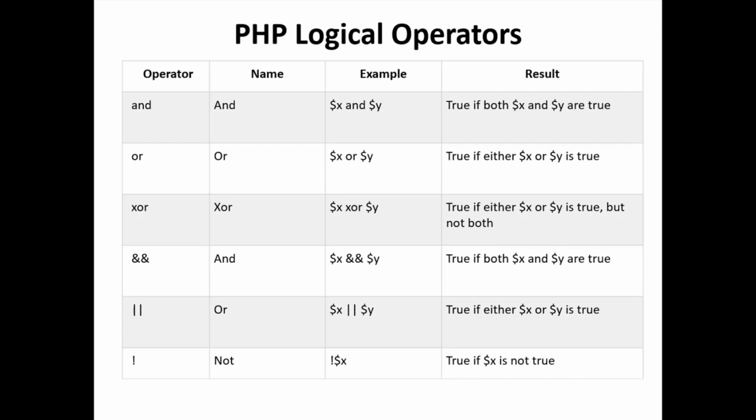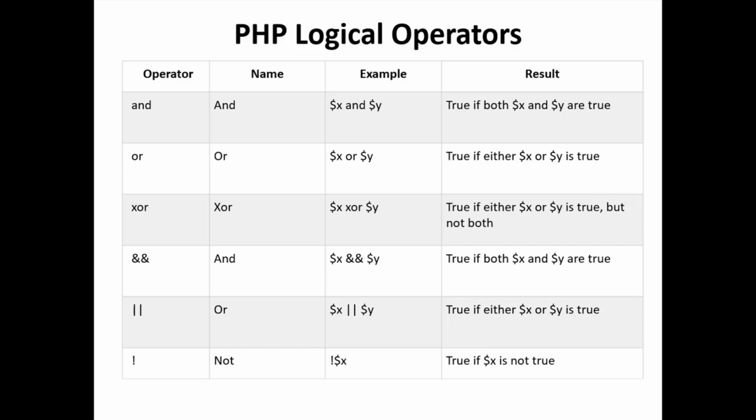Then coming on to the PHP logical operators. There are logical operators which we use in programming. So AND operator is there, OR is there, XOR is there, AND is there, OR is there, and NOT is there. These are the logical operators.